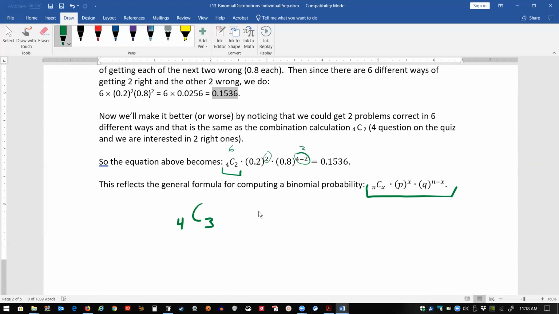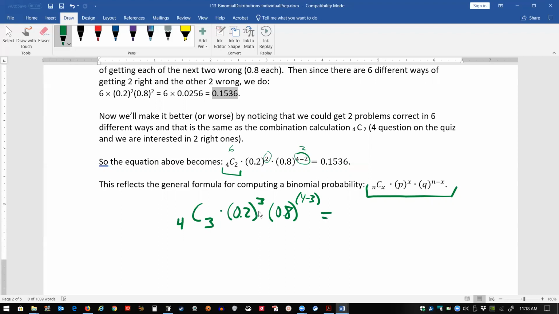So our x is now 3. So now our probability of success, 0.2, is raised to what power? How many successes do we want? We want 3 of them. And then our probability of failure is raised to what power? Well, 4 minus 3. That'll be everything else. So if we expect 3 successes, we'll have 1 failure, right?